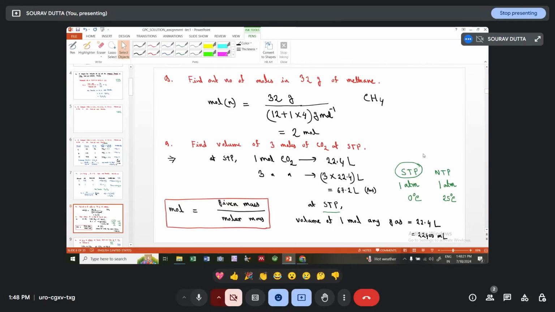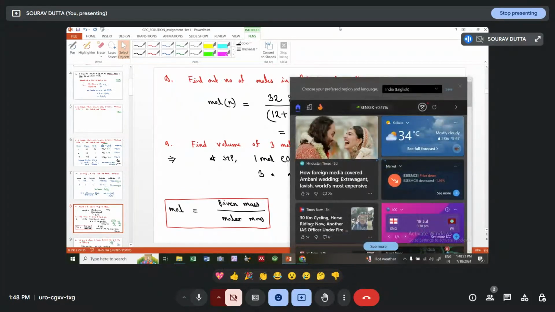The next question, find out the number of moles in 32 gram of methane. Very easy question. Moles means mass by molar mass.